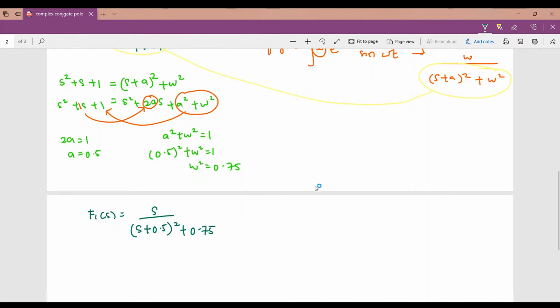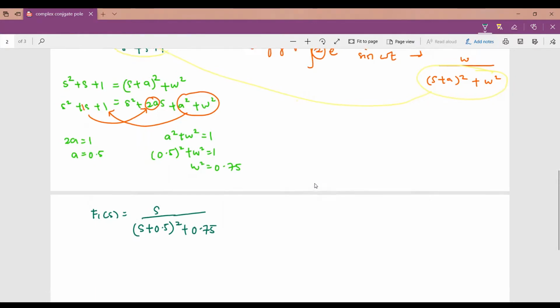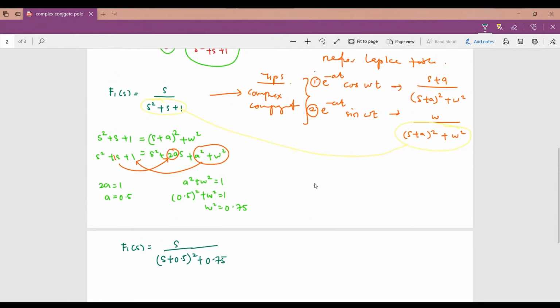Okay, I think I should zoom out so that you can see that the element of S here is slightly the same with exponent negative at cos omega t.